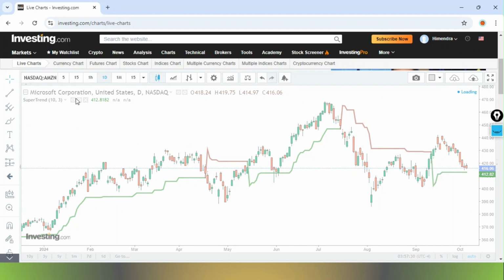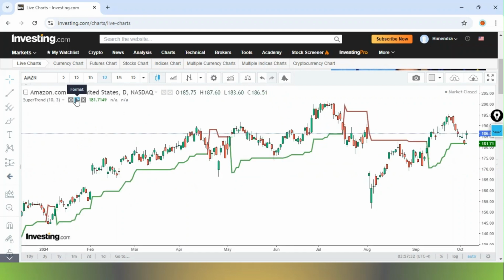We'll take Amazon. In Amazon, it gave a breakout at 184, tested the stop loss level at 176, then went up to 200 and then gave a breakdown at 187. So even if you entered at 186 and did not book your profit at 199 or 200, it gave you an exit at 187.